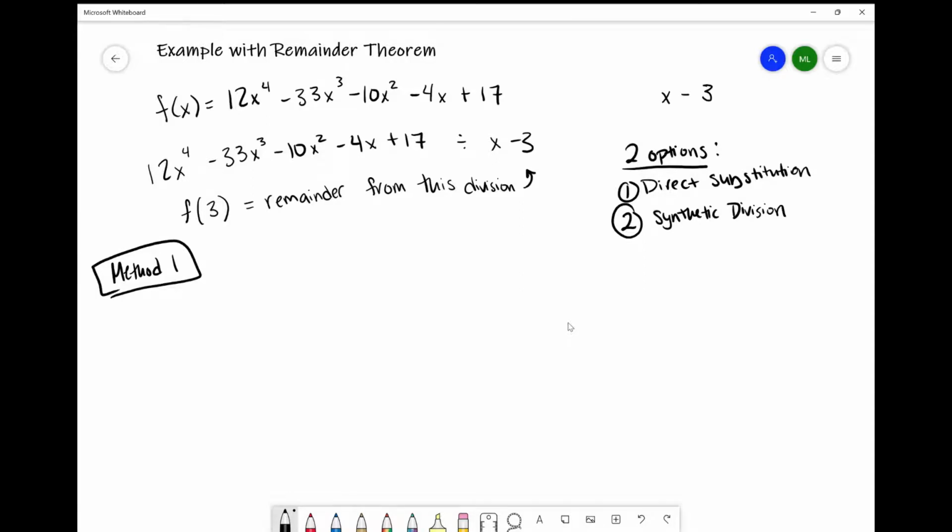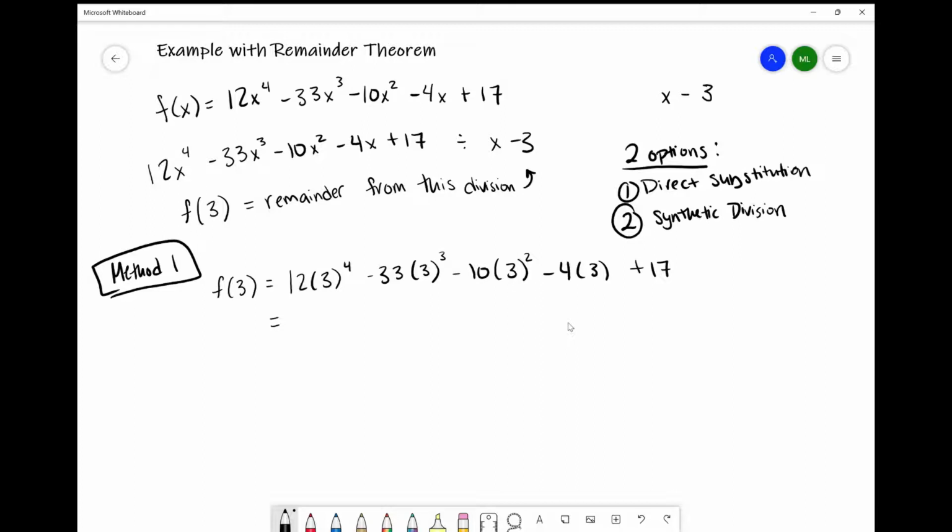Direct substitution means that wherever you see x, you plug in our friend 3. So it's going to be 12 times 3 to the power 4 minus 33 times 3 to the power 3 minus 10 times 3 to the power 2 minus 4 times 3 plus 17. If you have a calculator, that's great.